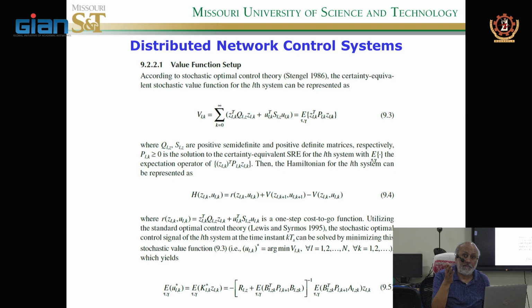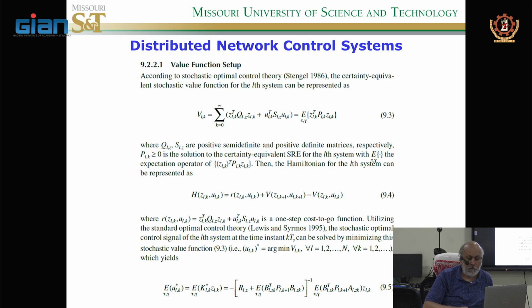You will save the bandwidth because you are not transmitting the state vector to the controller at every sampling instant. And in the same way, you are not transmitting the control input vector to the actuator every sampling instant. So that basically saves the number of transmissions, and that saves the bandwidth in the network.